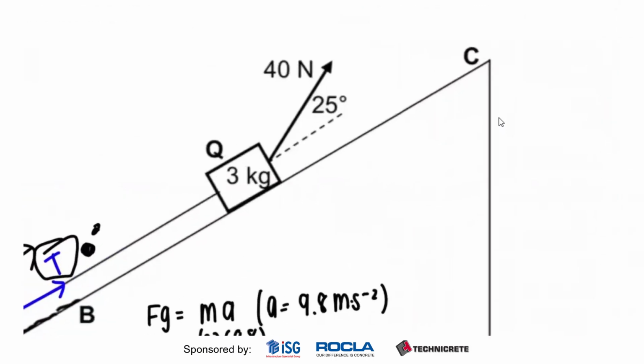Now, what forces are acting on this block Q? We have again our force of gravity, and therefore our force of gravity that's perpendicular, and our force of gravity that is parallel to the slope.